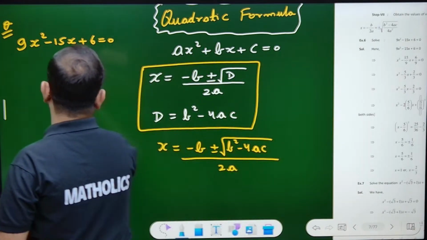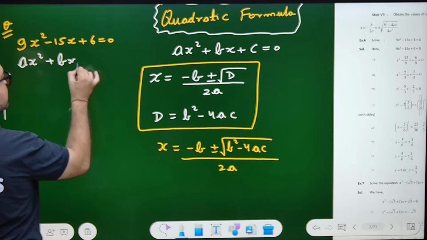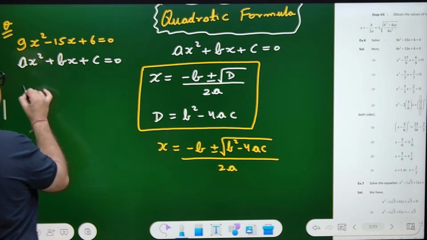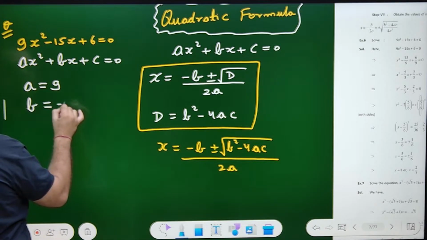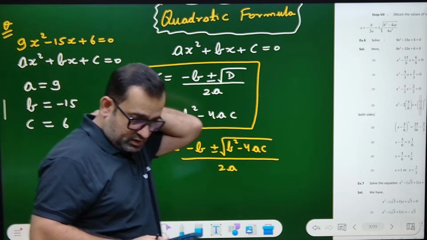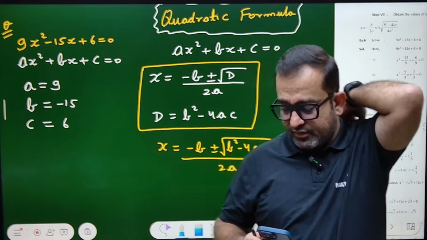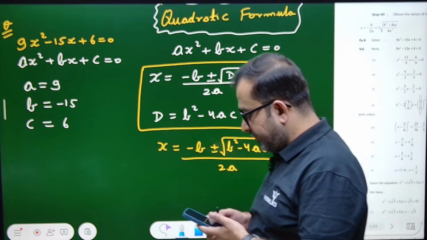So here we'll compare it with ax square plus bx plus c equals 0. What is a? A is 9. What is b? B is minus 15. What is c? C is 6. Can you get this point? Sorted. Can I move forward? Okay.